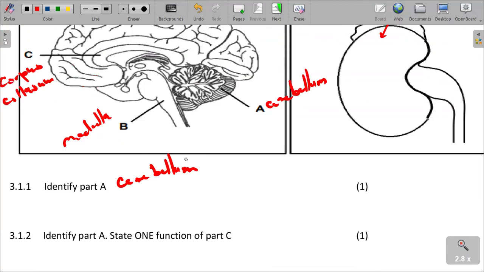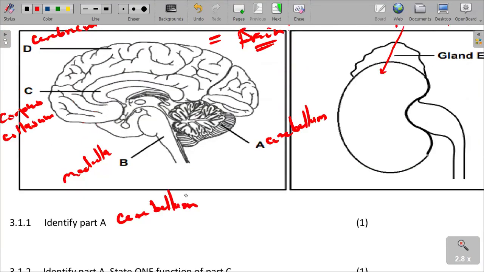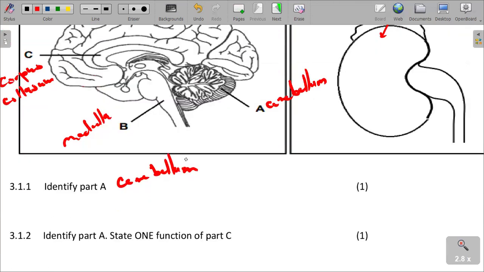So please go and check on that. Identify part A and state one function of part C. Part A we have already identified, and then what is the function of part C?